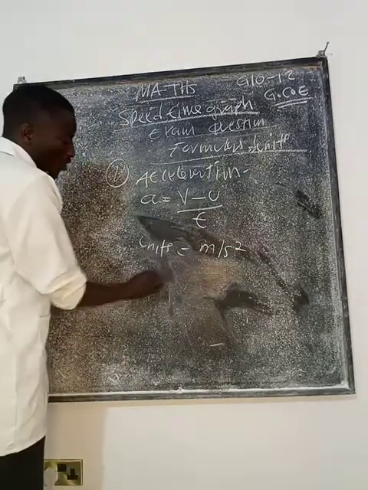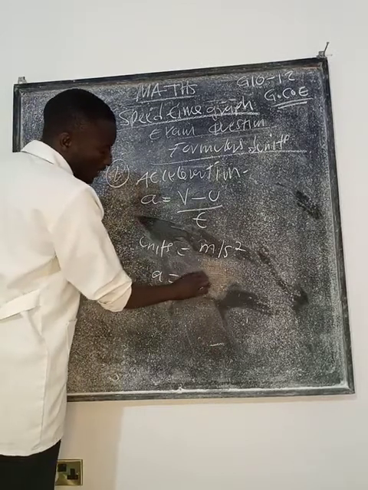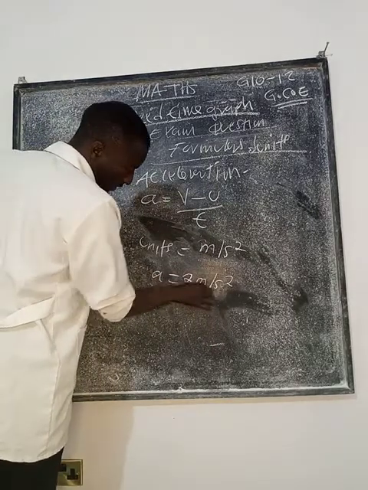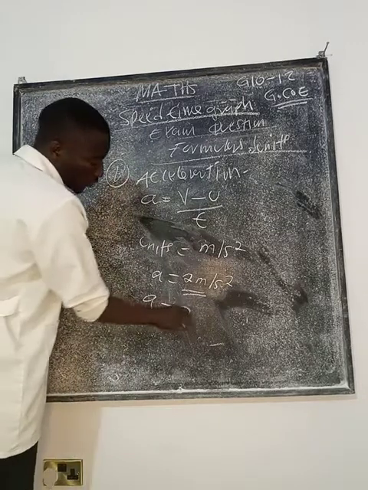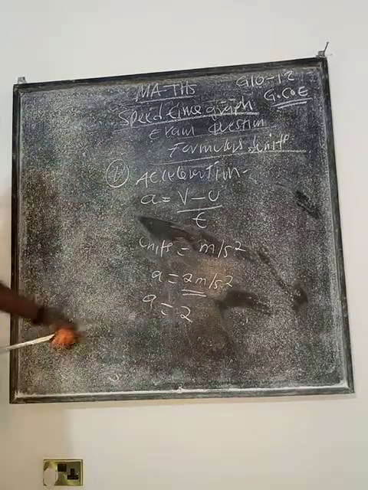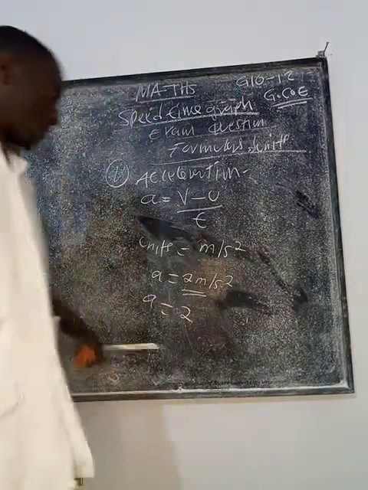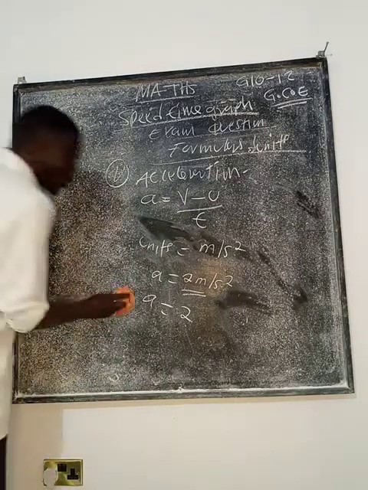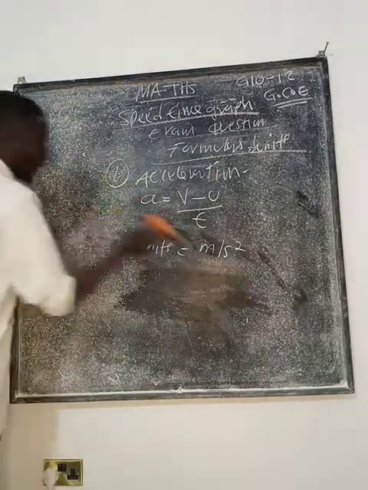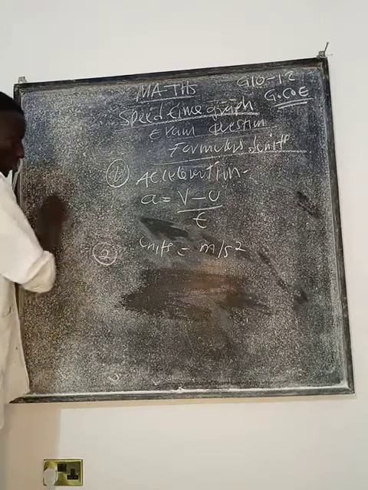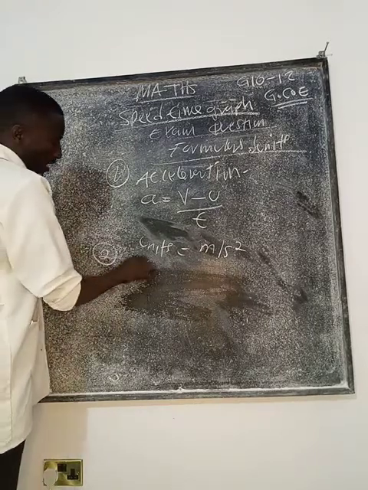So if you find your acceleration to be 2, kindly put meters per second squared. If you just say 2, it becomes wrong because a can represent apples, it can represent banana, so we might not know. So indicate at the back, do not forget. We need to know retardation.